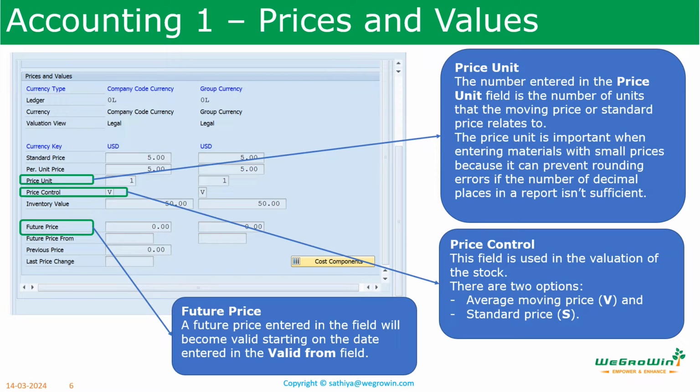So if you want to update the standard price from a certain period, then we can update the standard price in the future price field. If the standard price control is there and we want the price to change from some date, then we can enter the value and also the effective date here. From that date, the standard price will be updated based on this.